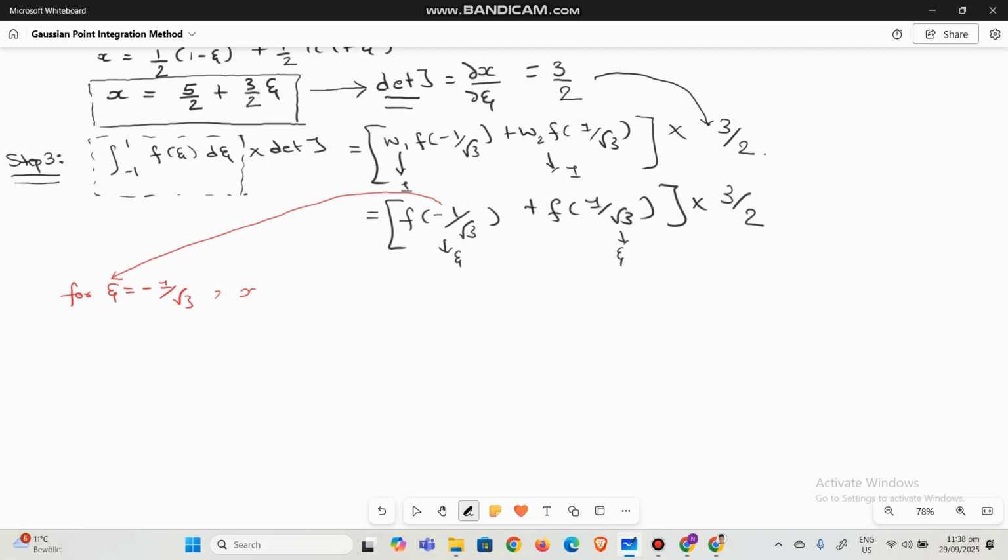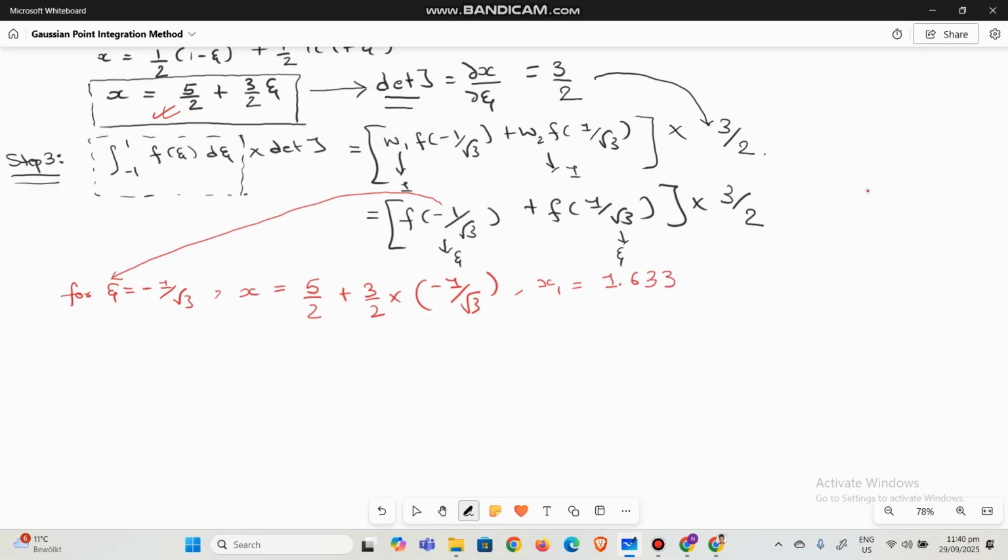As we know the formula, x equals 5 over 2 plus 3 by 2 times -1 over root 3. Then we're going to get the value of x. Let's say this is x1, which is 1.633.